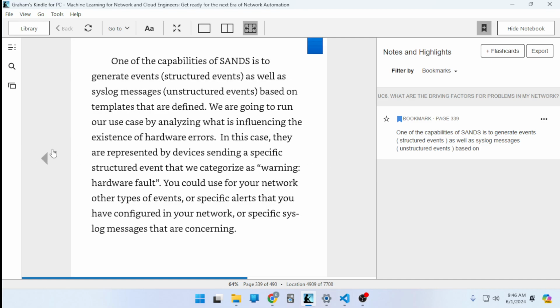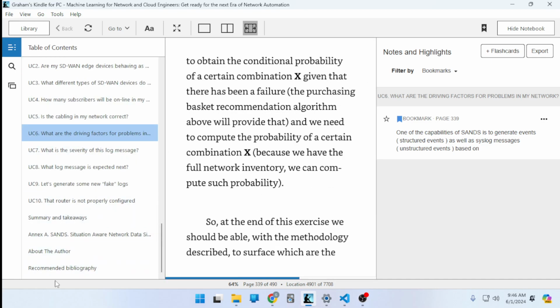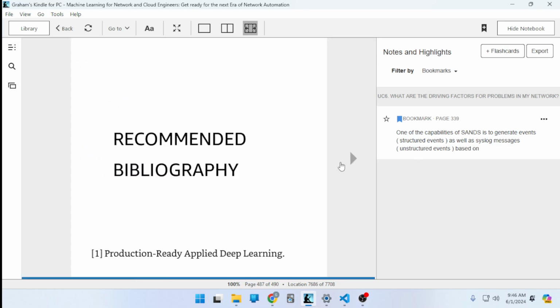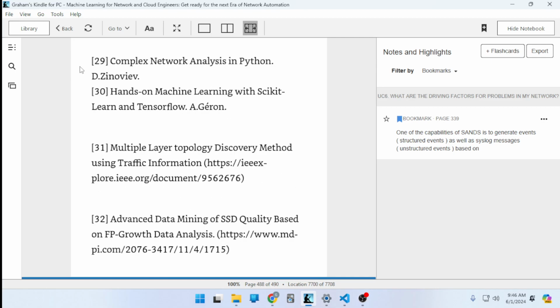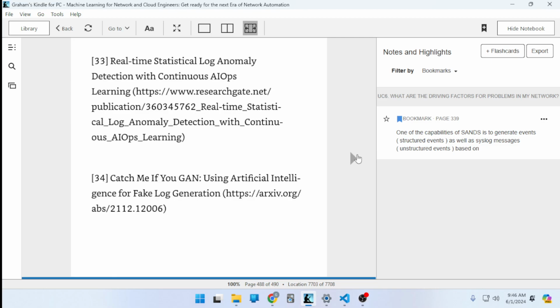Before going on, I do want to skip to this reference and look at it quick. So the Annex A. Oh, here's the recommended bibliography. Yeah, so this is where it's referencing. Number 32 was the reference. Oh, was it 32 or was it 33?